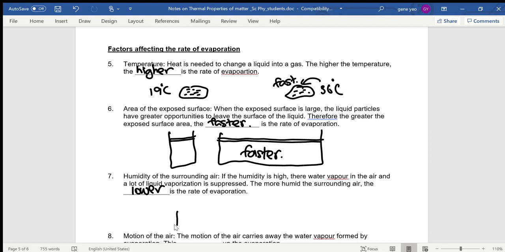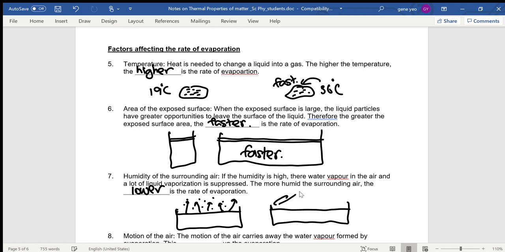Humidity. The more humid the surrounding air is, the lower is the rate of evaporation. Think of it this way. If I've got a container here with very low humidity, the space for the liquid to enter into the atmosphere as a gas is higher compared to, let's say, Singapore, where the humidity is so high that there's literally no space at all for the particles to enter the atmosphere.